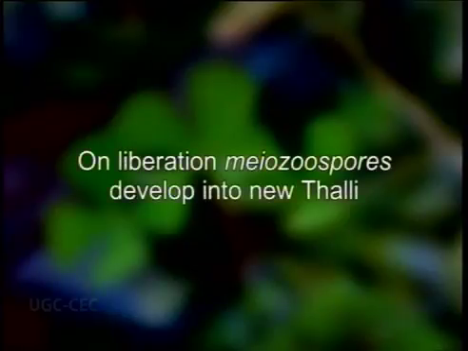These 4 nuclei are organized into meiospores, which resemble zoospores, having a crown of flagella at their anterior end. On liberation from the oospore or zygote wall, they develop into the new thalli of Oedogonium.